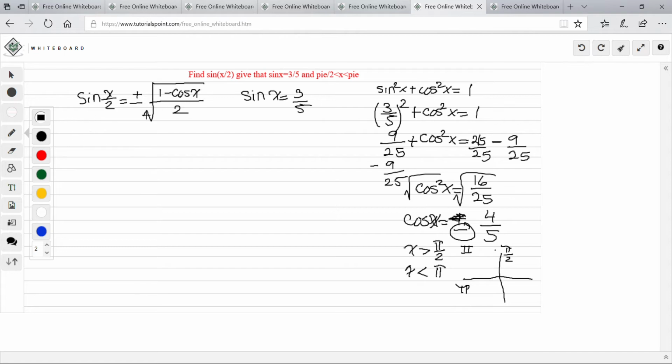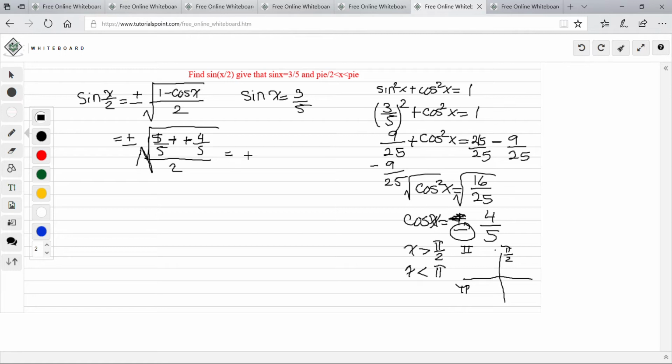So now we got what we need, so we'll put it back in this formula. So that equals plus or minus the square root of 1 minus cosine of alpha, which is negative 4/5, so there's another negative 4 over 5, over 2. This becomes positive. Let's fix the numerator. So 1 is the same thing as 5 over 5.